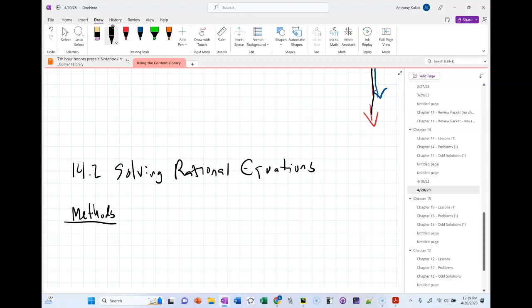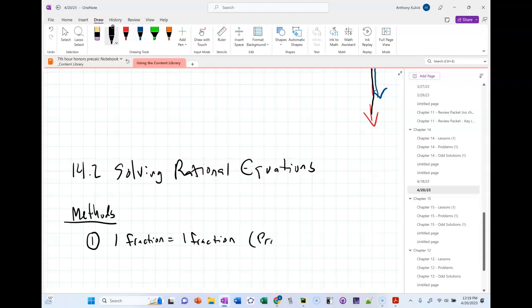All right. So let's talk about some methods to solve a rational equation. If I have one fraction equal to one fraction, what can I do in that situation?